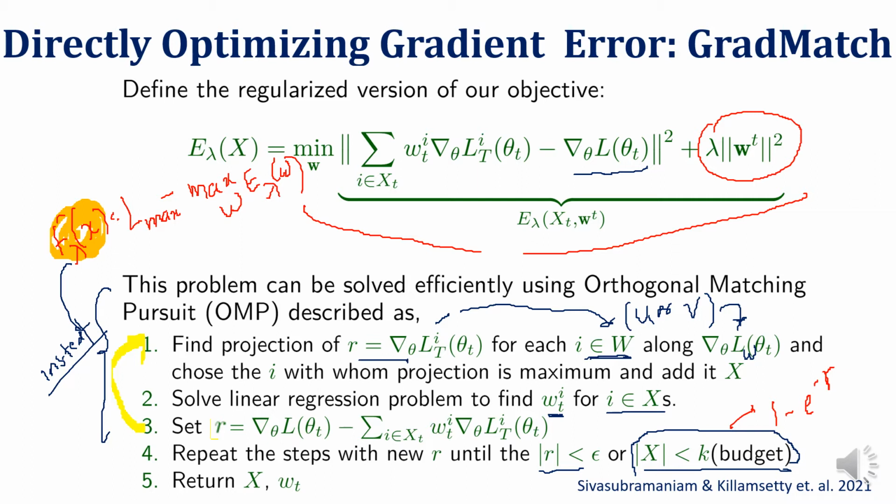So we directly optimize this error function with a regularization here, which gives us also some strong convexity. We could also convert this into a maximization problem. So imagine that you have this E lambda of X minimized over W, and if we define an F lambda of X as an L max, as we have heard in the first part, this is an equivalent function which you could equivalently maximize.